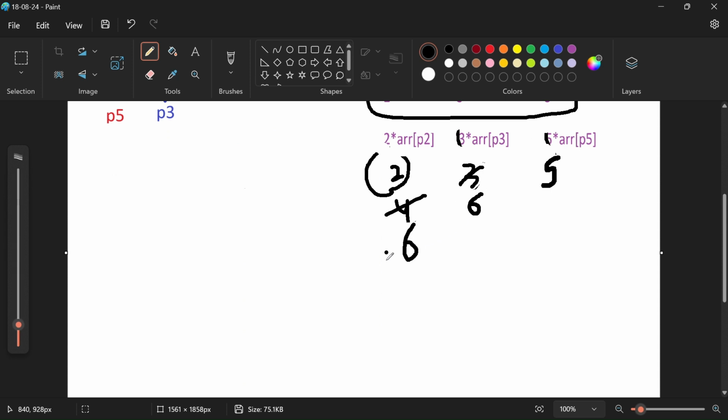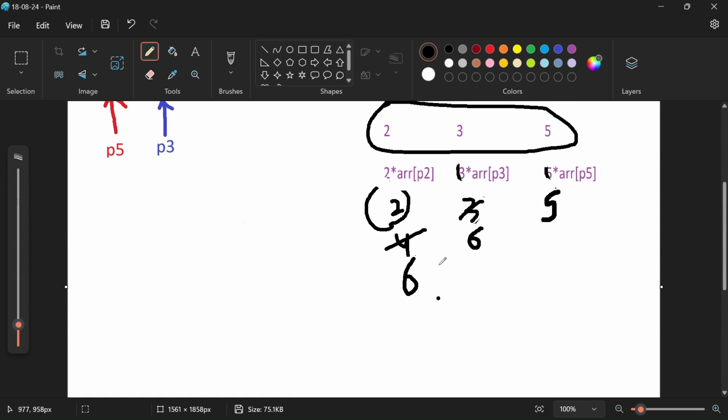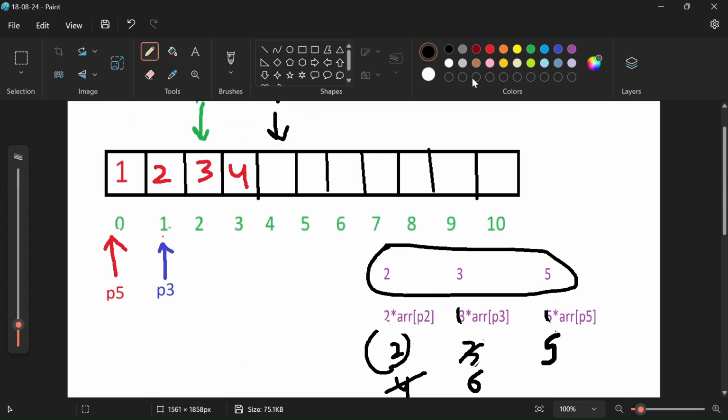In these three numbers, what is the minimum? 5, right? So we write 5 at our current pointer and move the p5 pointer to the next.